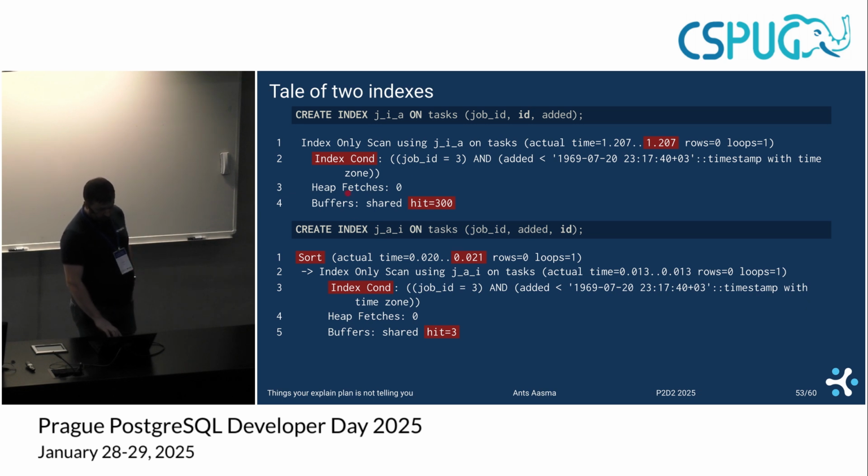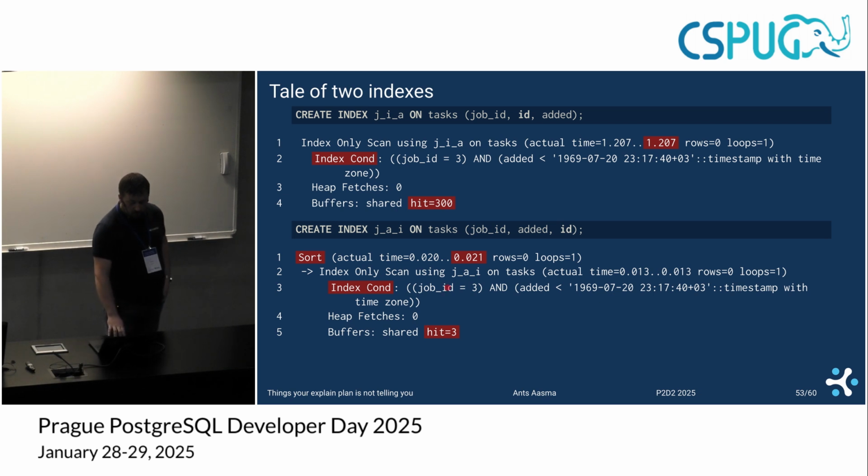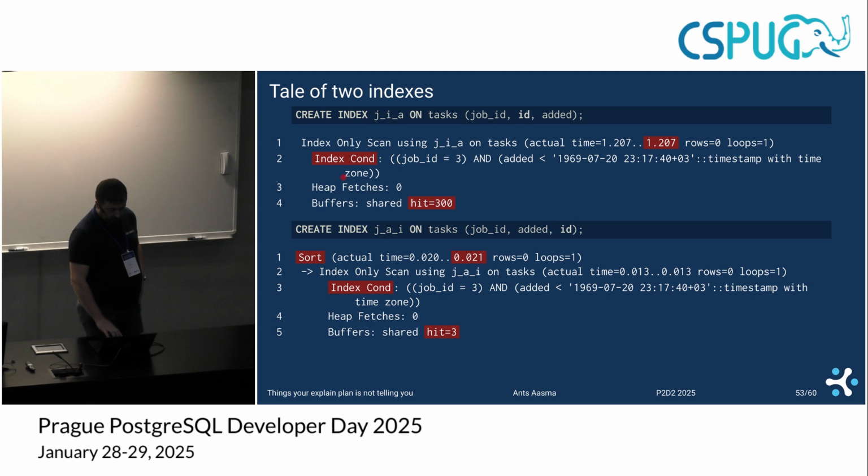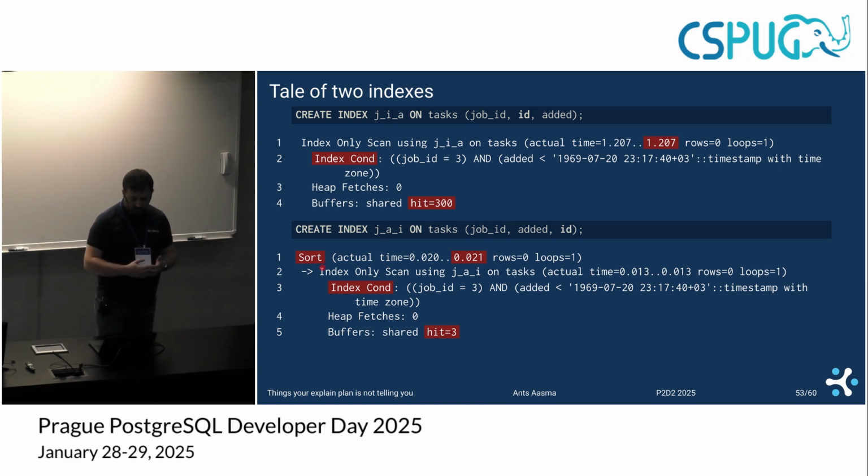One of them is that the bottom one is only accessing 3 pages, the top one is accessing 300 pages. But interestingly, the index condition that we are using is exactly the same. It looks like we are using the same condition to find stuff in the index. And the time also is quite a bit faster in the bottom case, even though we have to sort the data.